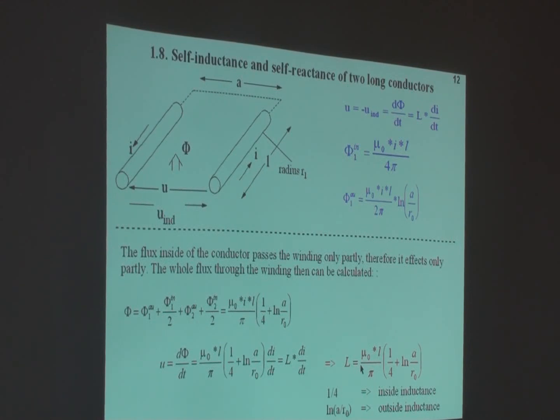We see more in the next theory. We have a flux. This flux goes only to half of the conductor, not the whole conductor.